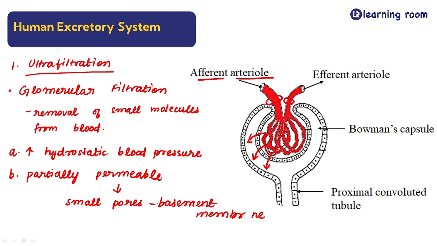If we were to zoom closely into this, if this is the surface of the capillaries, then we can say that the basement membrane is right here, and here you have these small pores through which small molecules can partially be filtered into the Bowman's capsule.